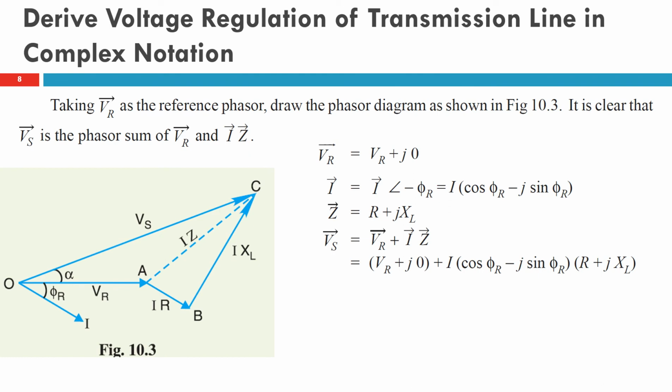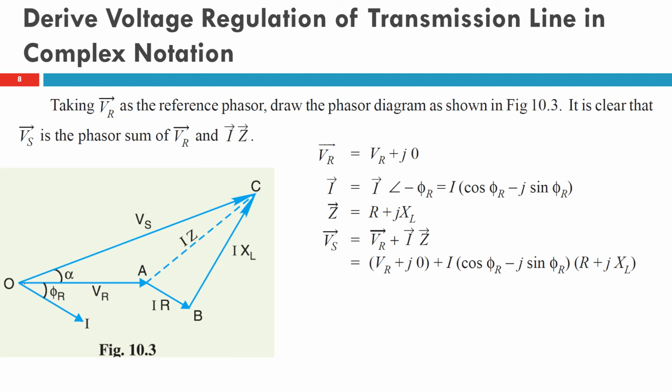Now with this same phasor diagram, we derive the voltage regulation in terms of complex notation. Previously we have not considered any complex notation. In that case I am taking VR as the reference phasor.